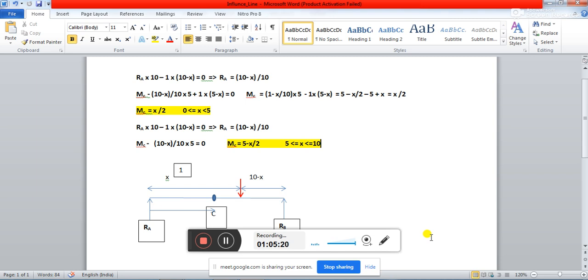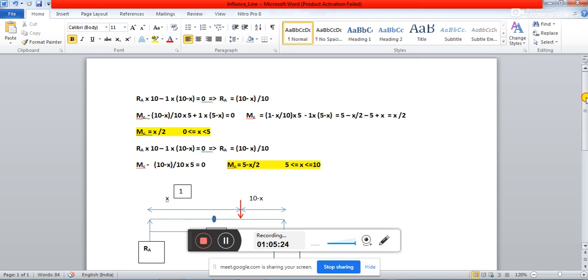I will give that question in your assignment or quiz. So try to work out the influence line for reaction at support B.